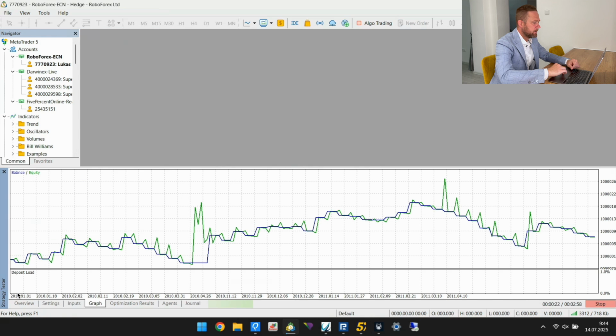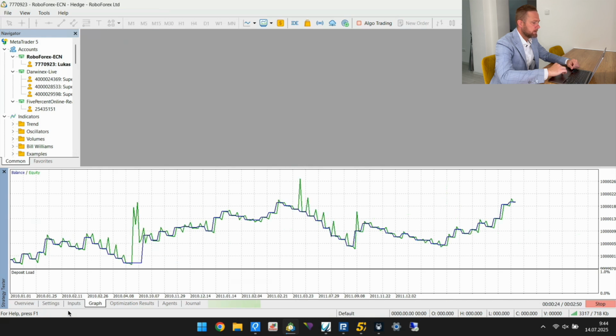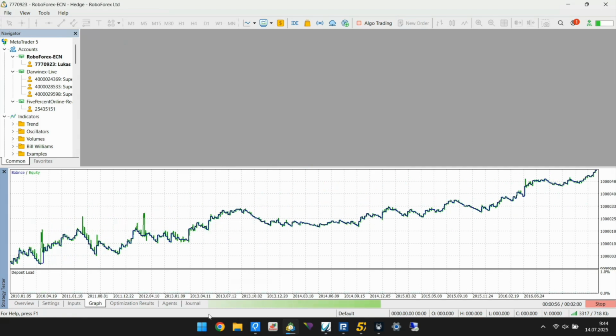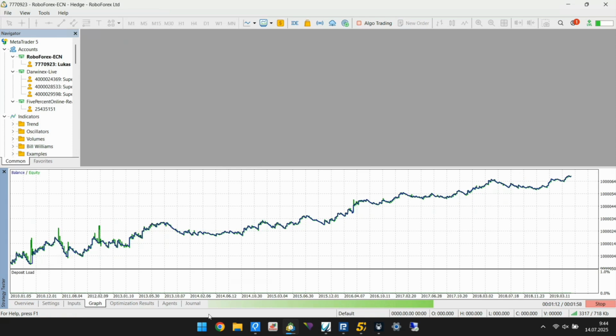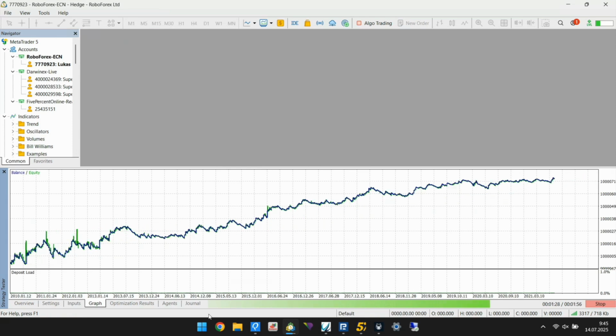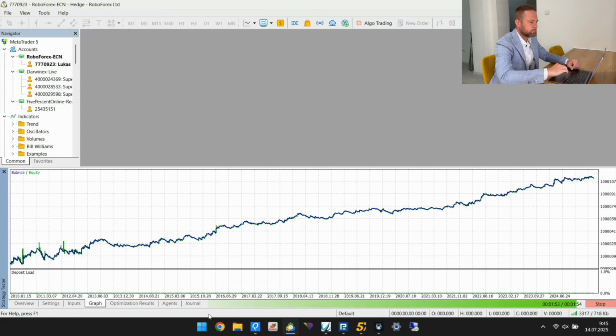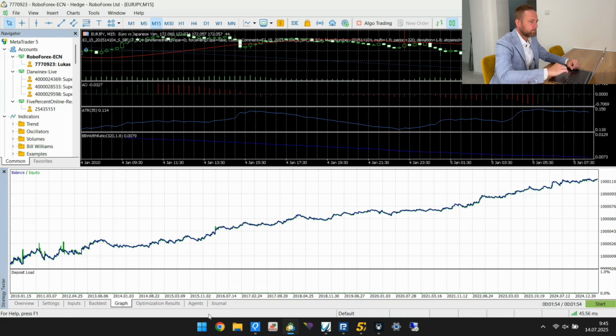I see that the equity curve started for me in 2010. The test is complete. This is what trading with the Euro-Yen algorithm over 15 years looks like.